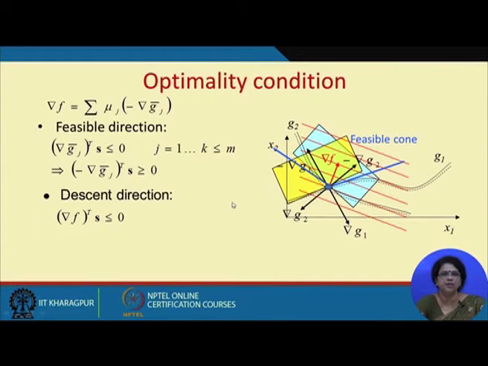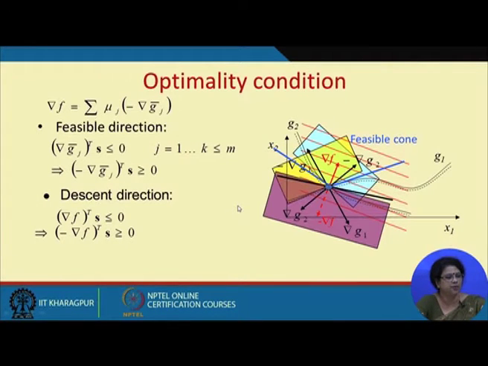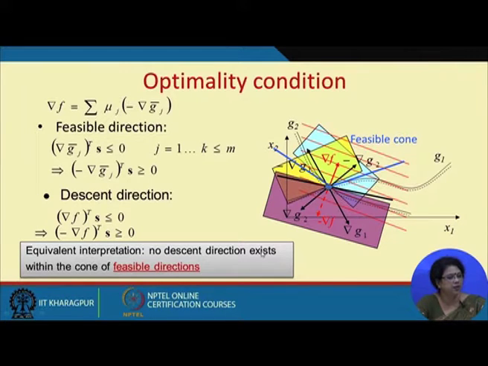That was the descent cone, now it is the feasible cone. This is my descent direction, as already explained. We can interpret that no descent direction exists within the cone of feasible directions for the minimization problem. We are all dealing with the minimization problem.